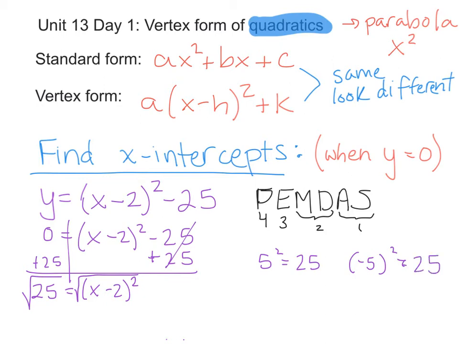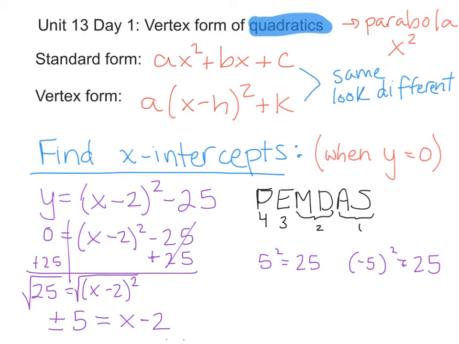So when we do these problems and there's a variable, we actually have to say the square root of 25 is plus and minus 5. On the right, the squared and the square root cancel out, so we've got x minus 2.